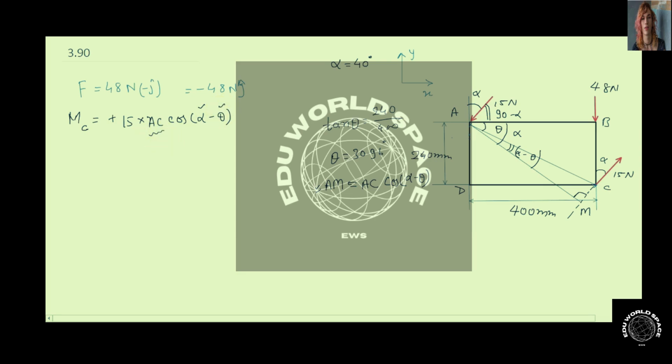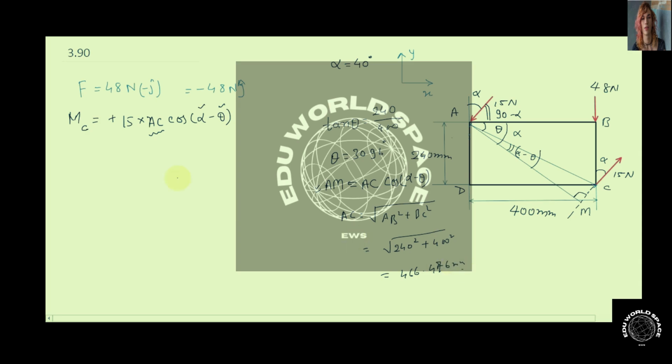Now we need to calculate the value of AC, and AC is the diagonal of this rectangle. So AC will be the square root of AB squared plus BC squared, and AB is given as 240 mm. So 240 squared plus 400 squared, which comes out to be 466.476 mm.